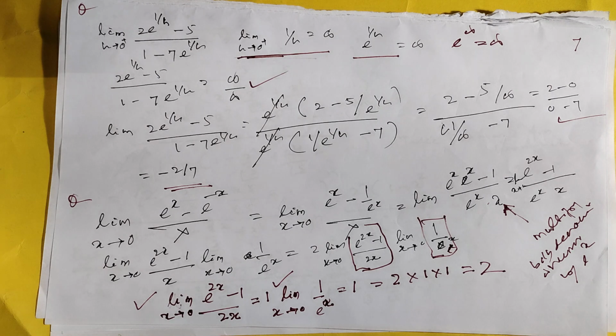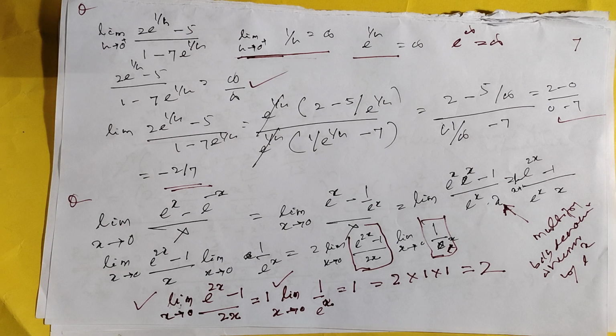Here limit h tends to 0, (2e^(1/h) minus 5) divided by (1 minus 7e^(1/h)). Here as h tends to 0, 1 by h is infinite, so e to the power 1 by h is also infinite. So what happens?